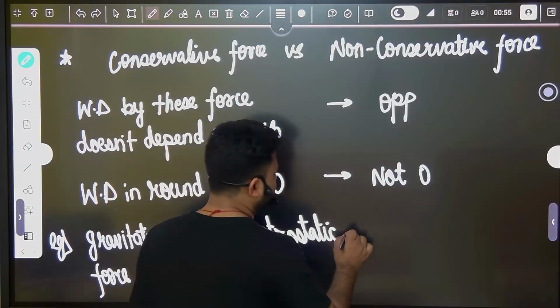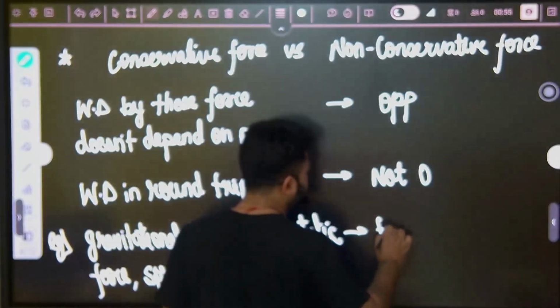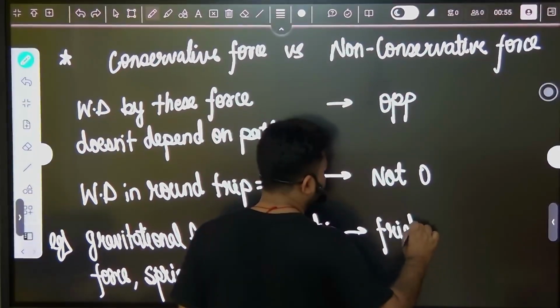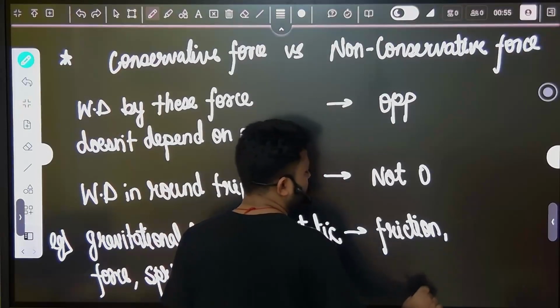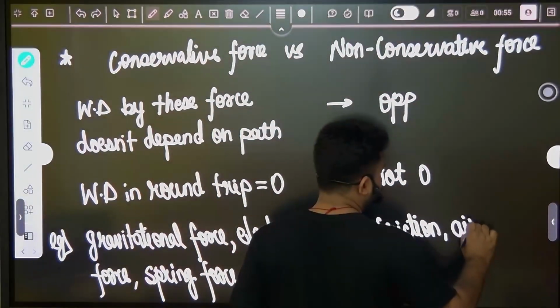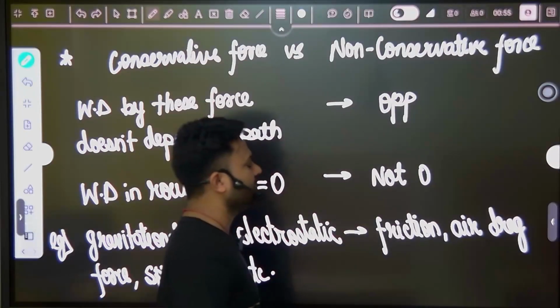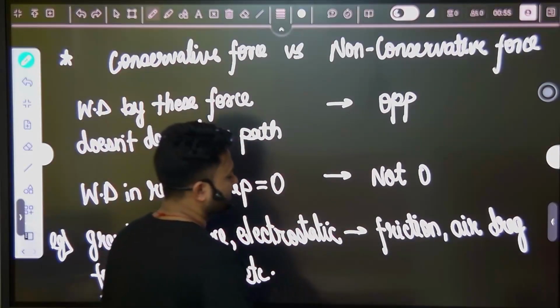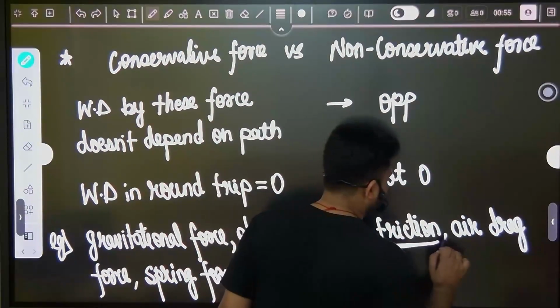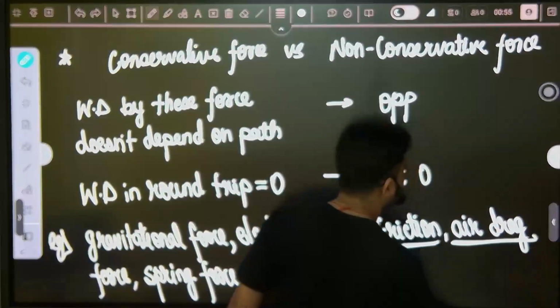And in non-conservative forces, you write down friction force. So friction force, friction, air drag, means air resistance. All these are means friction kind of things. All these are non-conservative forces.